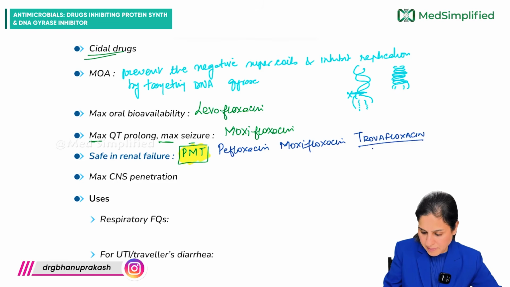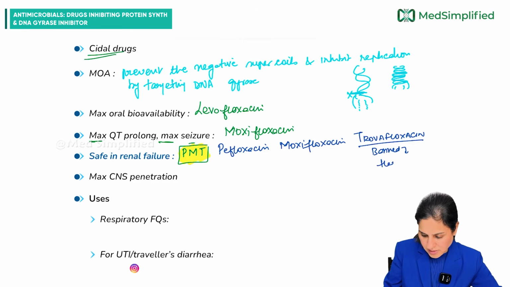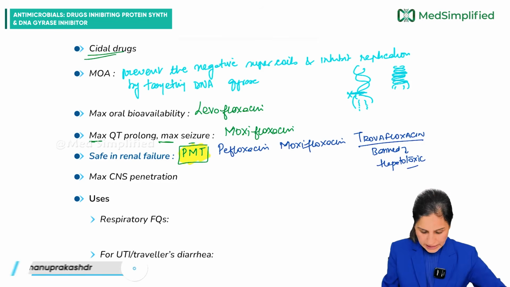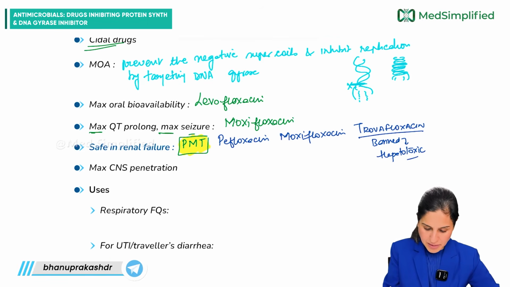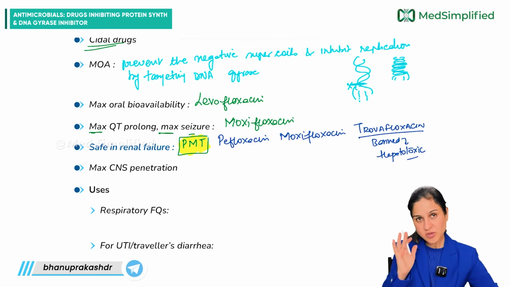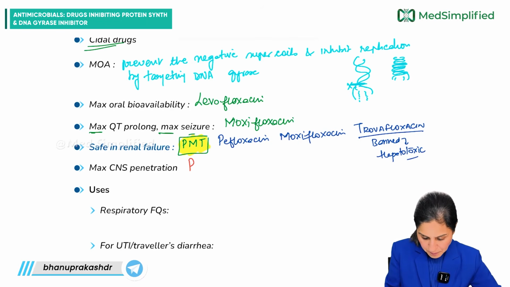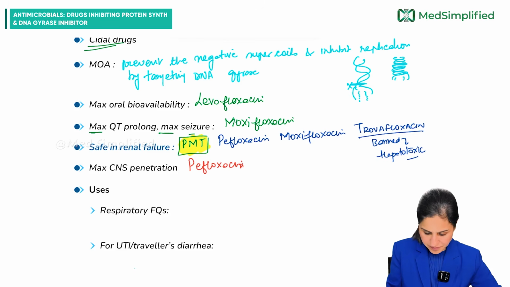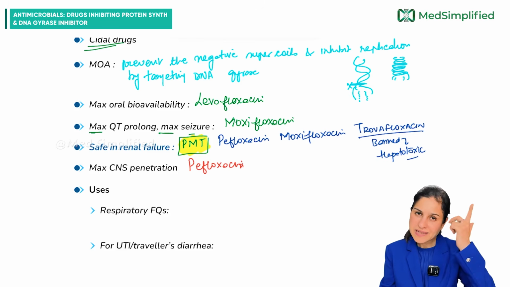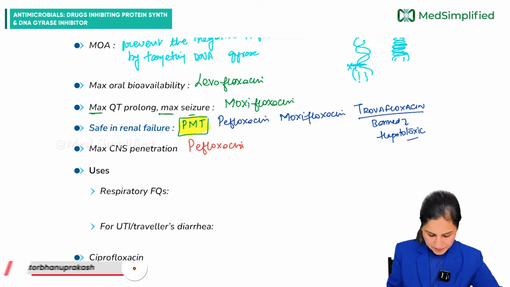Now remember, trovafloxacin is banned. Why? Because it was hepatotoxic. Maximum CNS penetration, which can enter into the brain, that is pefloxacin. P size, small size, it can enter into the brain.